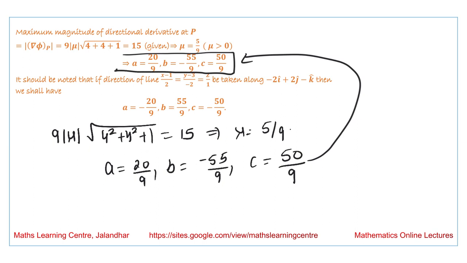Now for the second case, if we assume the direction of the given line is parallel to the vector minus 2i plus 2j minus k cap, then we obtain that the signs of all these values of A, B, C are reversed. So we are saying that the values of A, B and C can be either this set or this set. So these are the required values of A, B and C.